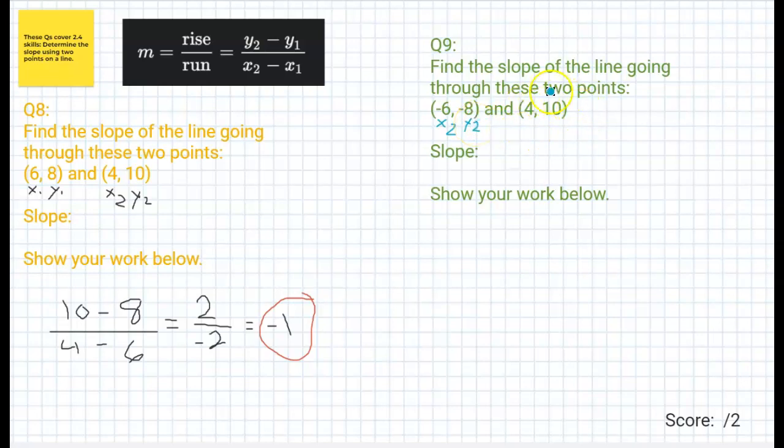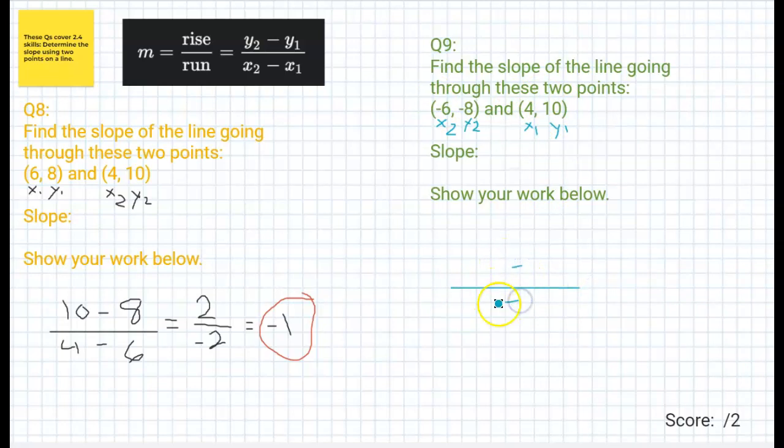I could have made this one my second point, but I chose not to. You'll get a sense of what you prefer based on the signs and things like that. So I have my x and my y of point 2 and my x and my y of point 1, and then I'm just going to plug it into my equation.